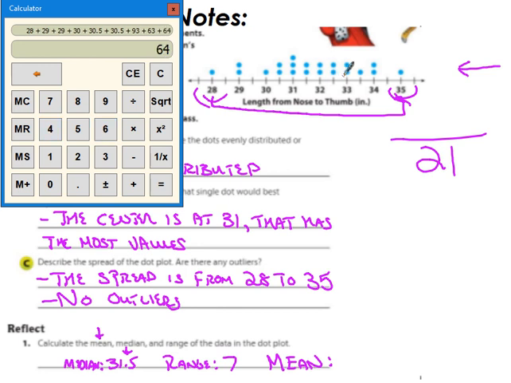Two 32 and a half is 65. Two 33s is 66. 33.5. And then two 34s is 68. And the 135. So I got 664.5.